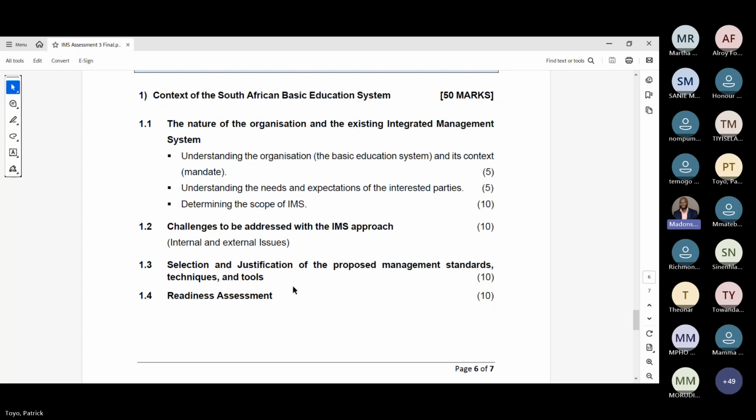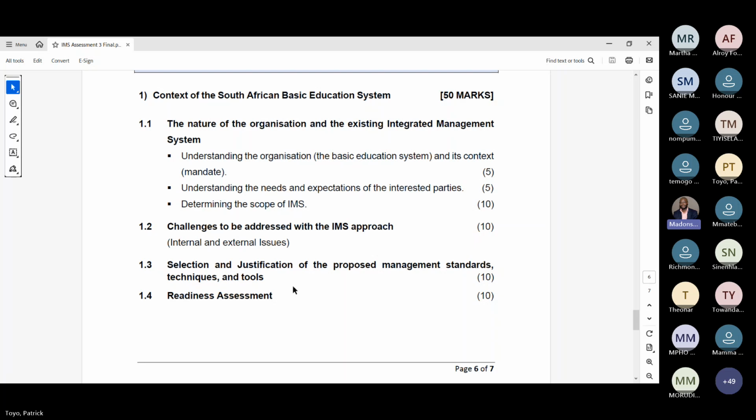Coming to 1.2, the challenges to be addressed with the IMS approach. Basically here, ladies and gentlemen, we're trying to demonstrate, based on what we have learned, that the Department of Education can look into the quality management standards, but also take it further to the IMS. I'm not sure if they've attempted the IMS.